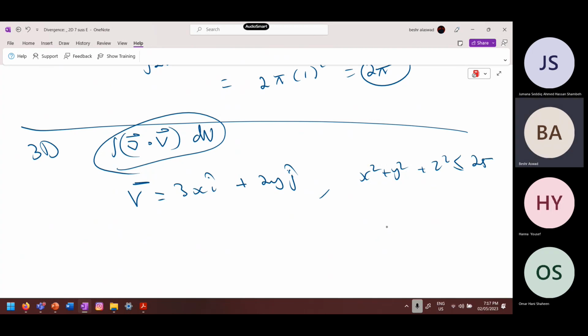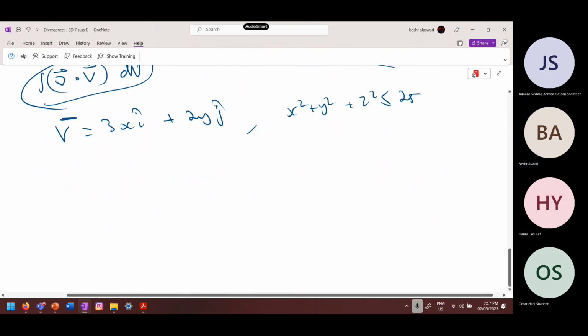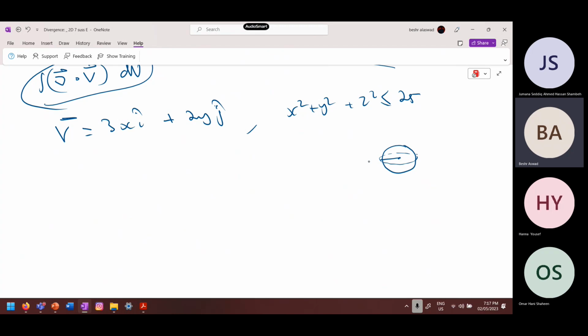This means that you're going to deal with a sphere. The sphere has a radius of r.